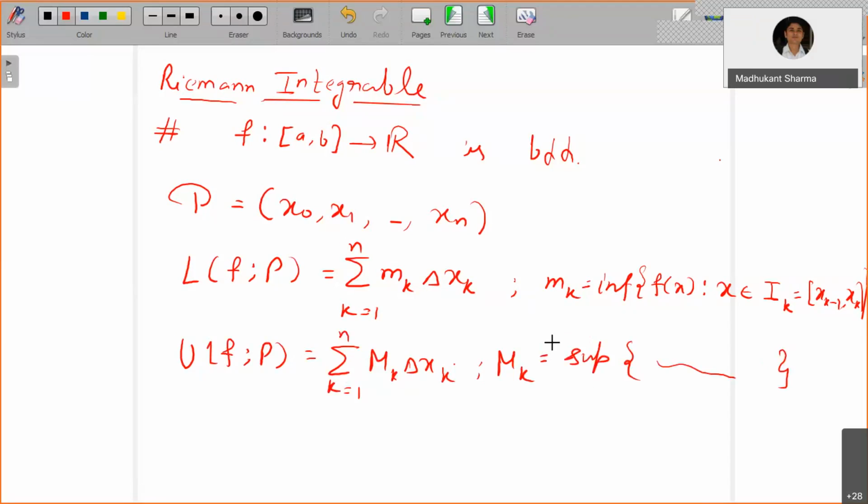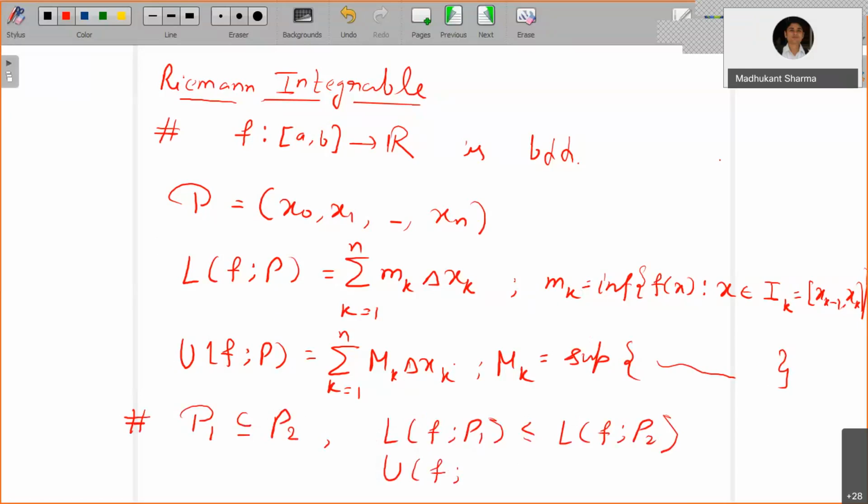All these things, small mk and capital Mk, will exist because of the boundedness of the function. Then we have also shown that if you have partitions P1 and P2 such that P2 is a refinement of P1, then L(f,P1) is less than or equal to L(f,P2) and U(f,P1) is greater than or equal to U(f,P2).